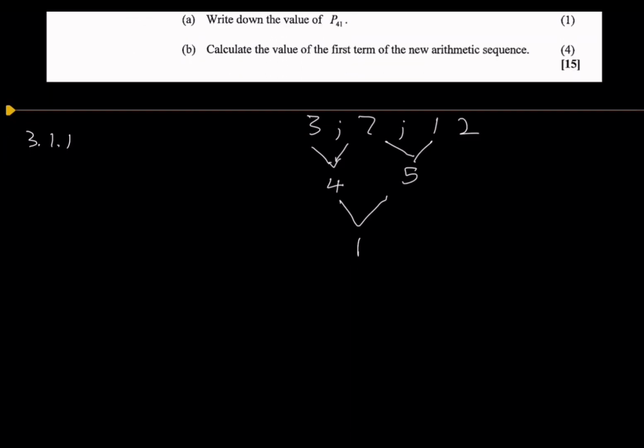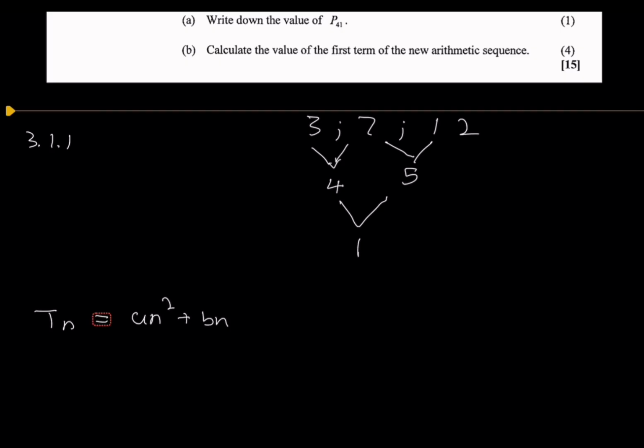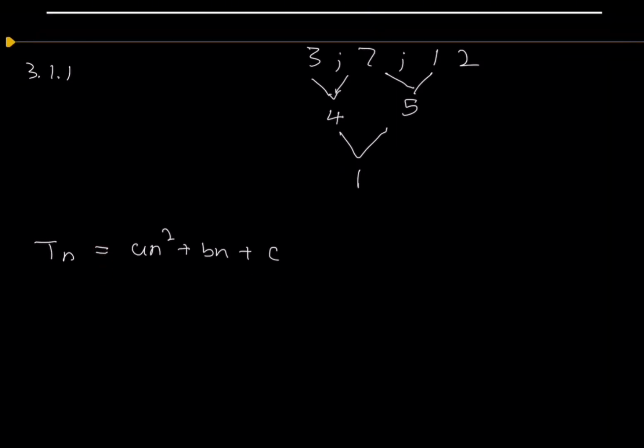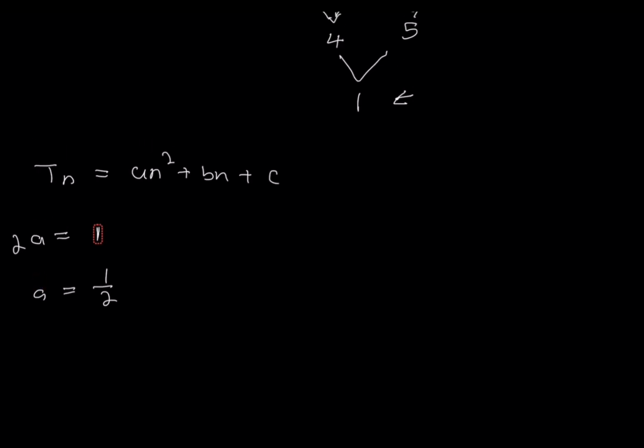3.1.1, to find Tn, we know that Tn is given by an squared plus bn plus c. To find all these values, to find a, we are going to say 2a is equal to the second difference, which is 1, and therefore our a is 1 over 2. Okay, sharp.